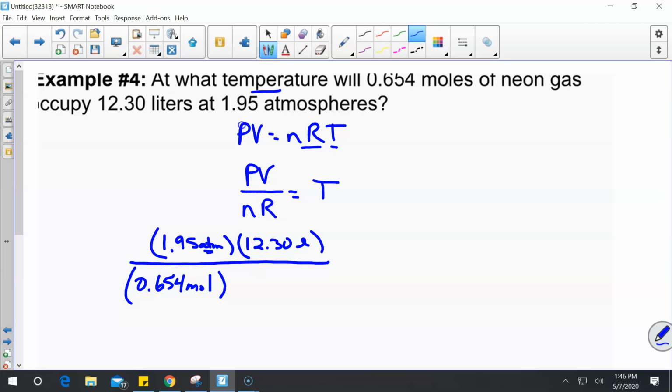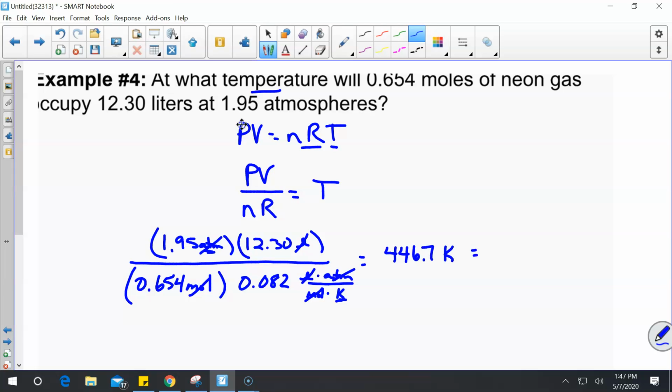Since this is in atmospheres, I'm going to have to use the R constant that has atmospheres in it. Over moles times Kelvin, so moles cancels, atmospheres are going to cancel, liters are going to cancel. I'm left with the unit Kelvin. I do my math, I got 446.7 kelvins.